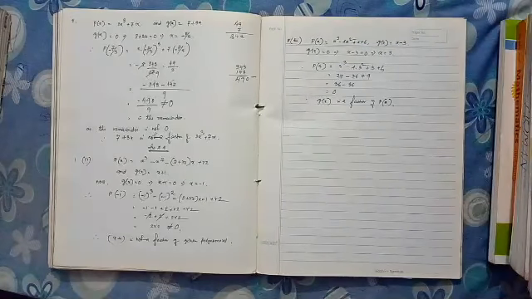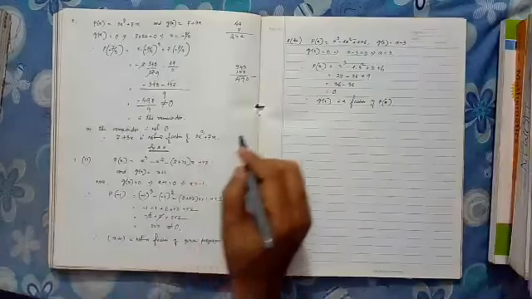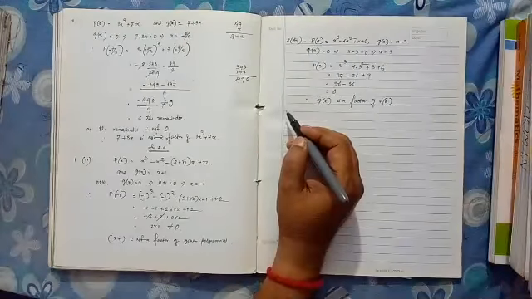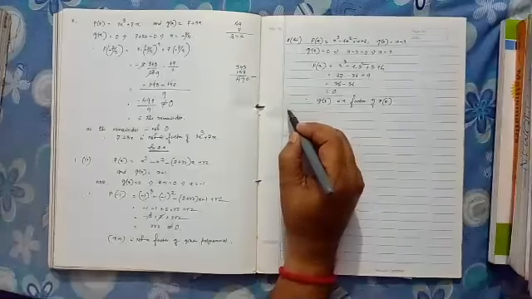Now sum number 3: find the value of k if x is equal to 1 is a factor of p of x. Now I am doing here sum number 3 of 3.